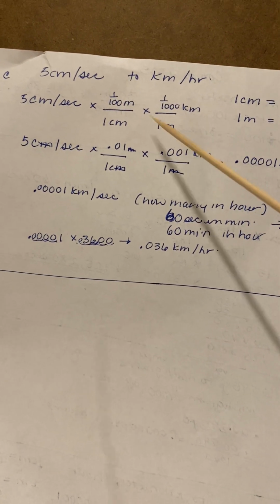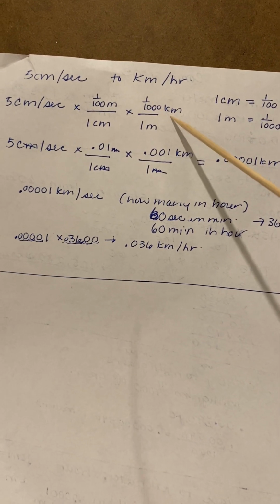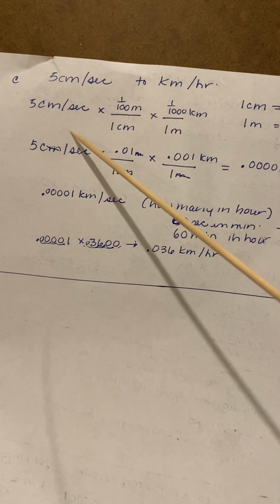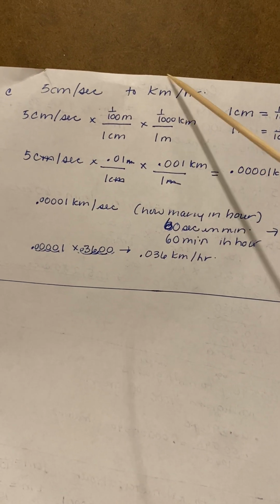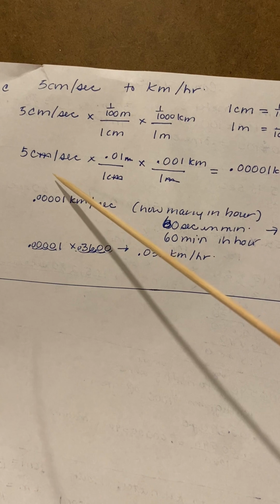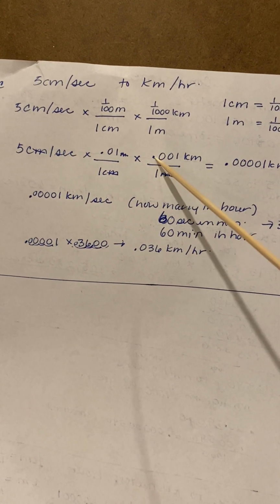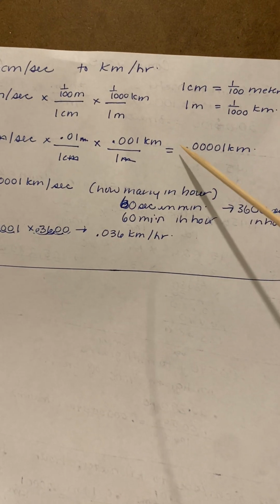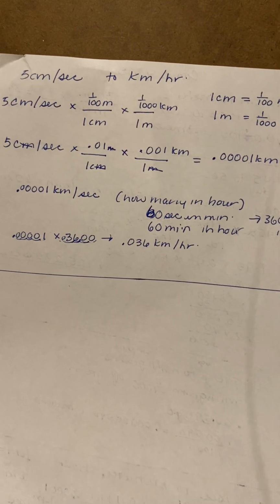And then a meter is 1,000th of a kilometer. So here we put these down, and we crossed out the centimeters and the meters, right? Because we want to know kilometers. And so we figured it out by multiplying 5 times 0.01 times 0.001, and we got 0.00005 kilometers. Okay, the kilometers.